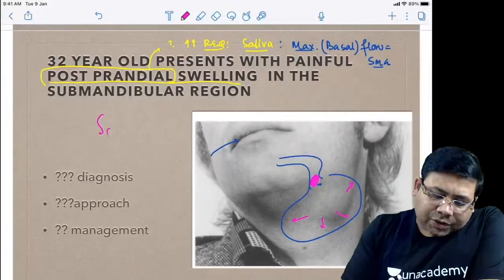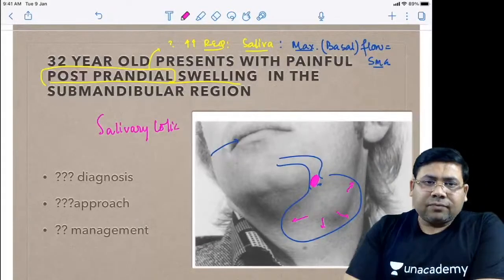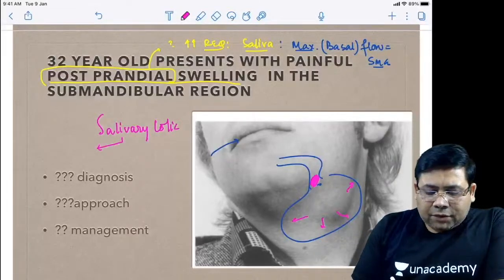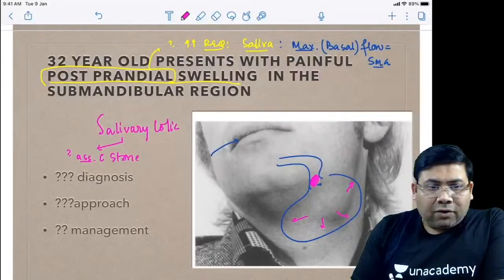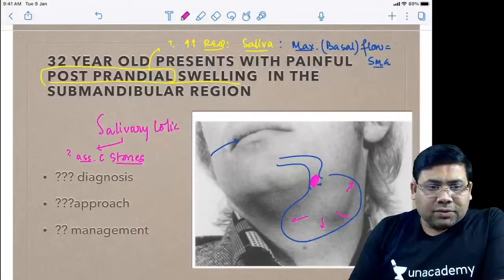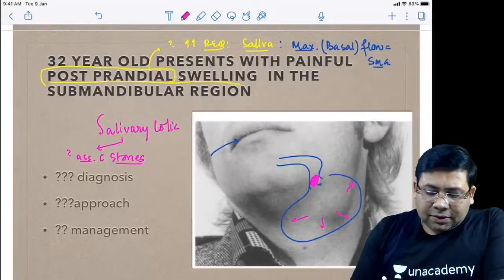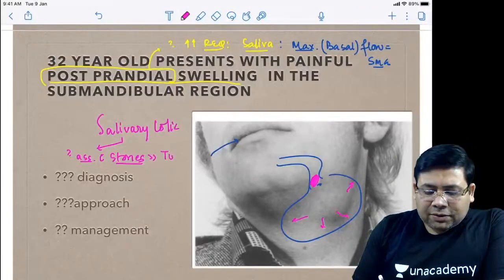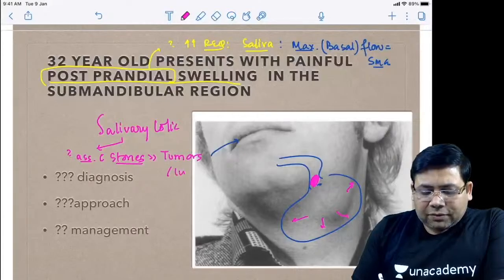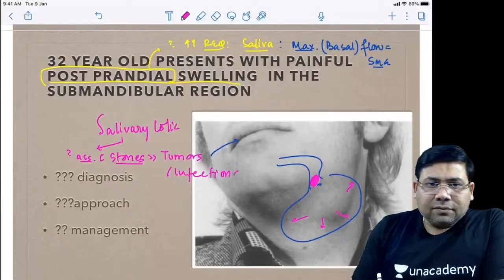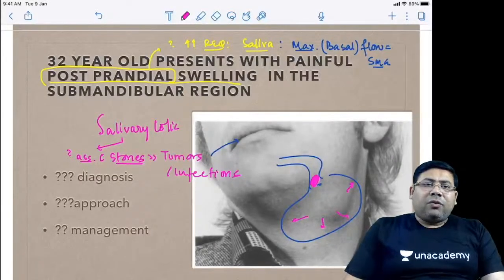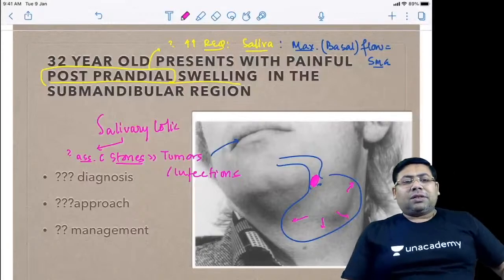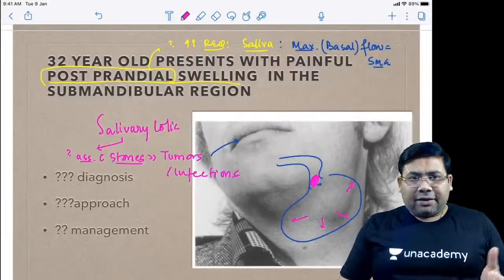So actually this is a patient of salivary colic, which may be associated with stones. Very good. Stones, sialolithiasis, greater than tumors or infections. Are you getting this or no? All these things are going to cause blockage of the submandibular gland and its duct.